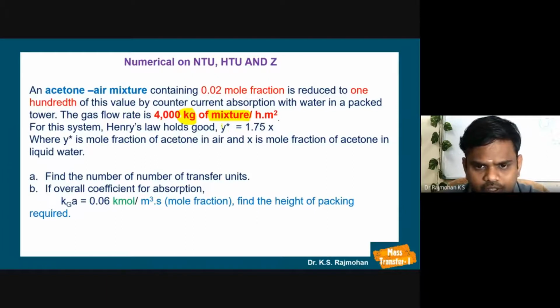The Henry's law relationship is given here. Mole fraction is given as 0.02 initially, and 1/100th of this value is the final concentration. Then with the Kg into A values given, we can solve this problem.